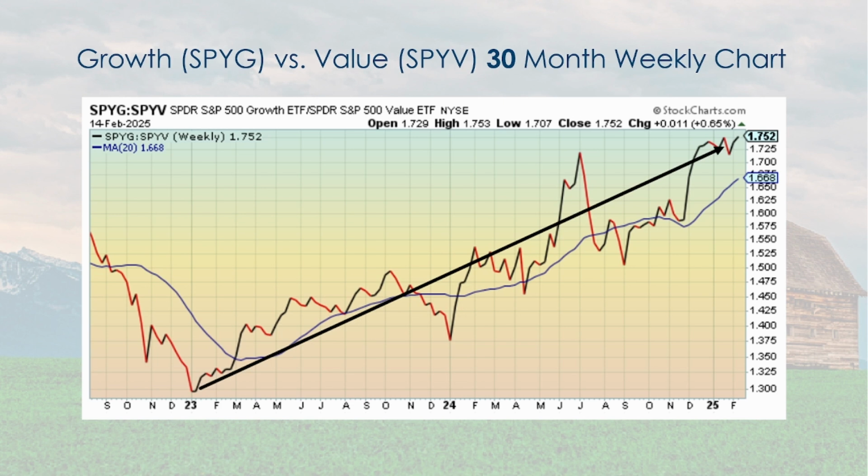Using the last chart as a comparison, this would not be surprising. But as you look to the far right at the 20-period moving average, the blue line, it's quite a bit above that moving average. So it's elevated from the standpoint of growth over value.